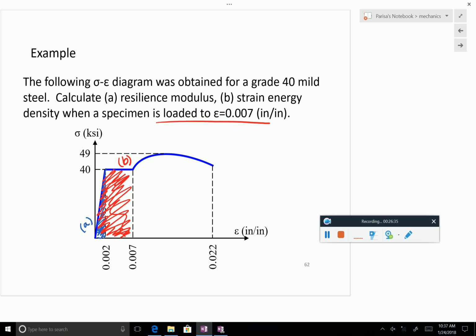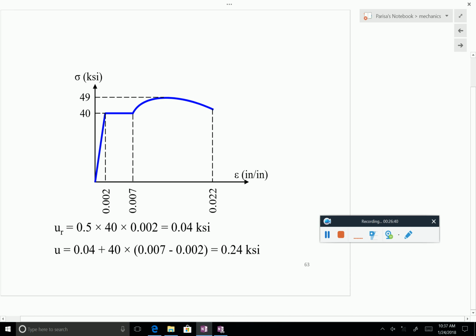Right? So this is the first part, the triangle, and then that's the square.